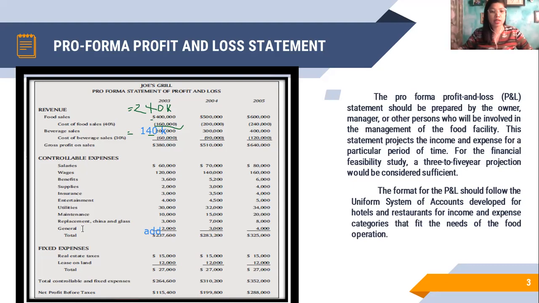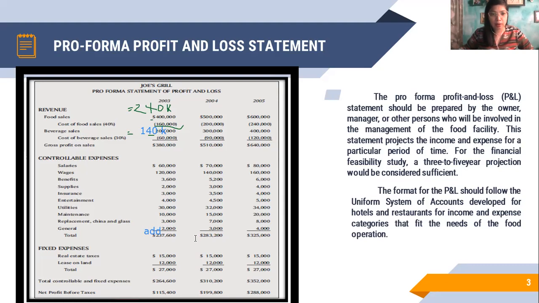So this is not specific on where this amount will be spent. For the fixed expenses, you have the real estate and the lease on land. As you can see, from the different years, it doesn't vary because those are fixed expenses.